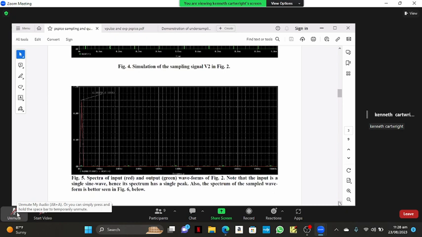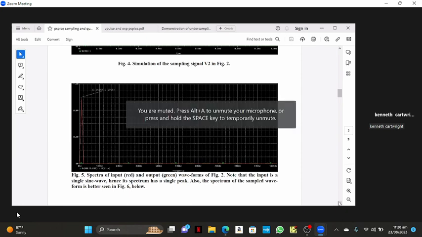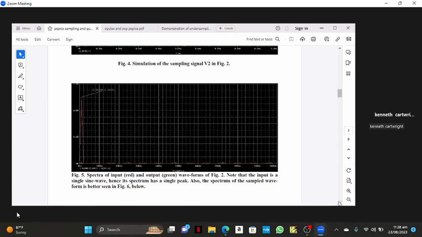Let's go back here. This is what we're talking about. You're plotting the spectrum of two things. By the way, in PSpice, how do you plot the spectrum? It was a special button. Yes, what was that special button called? FFT or something like that. FFT, very good.